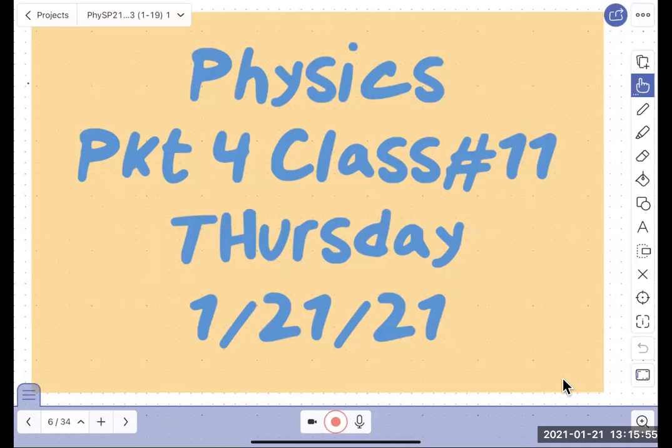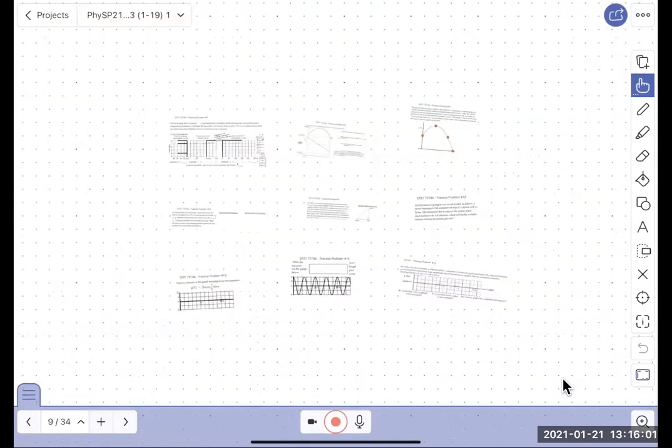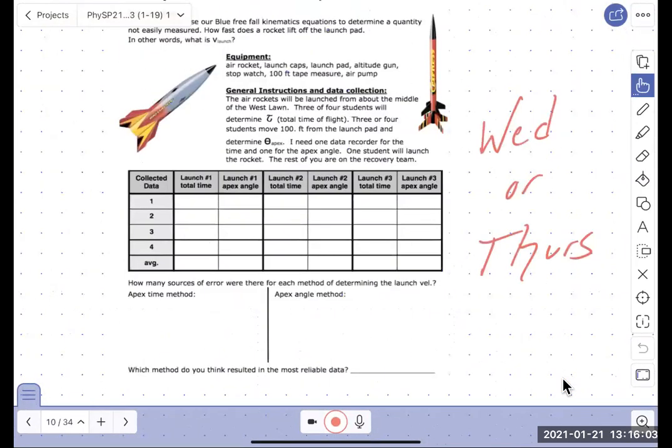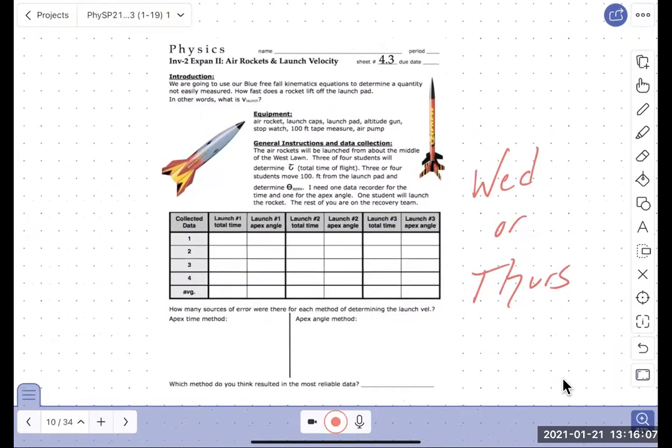Okay. So we're Thursday, class number 11. So today we're doing this. We're talking about this mostly. And then at the end, we'll start talking a little more about damped oscillations. So a little look ahead. We'll wrap up damped oscillations tomorrow. And we'll do a stringless pendulum here later on. And then tomorrow we'll get back into vectors.